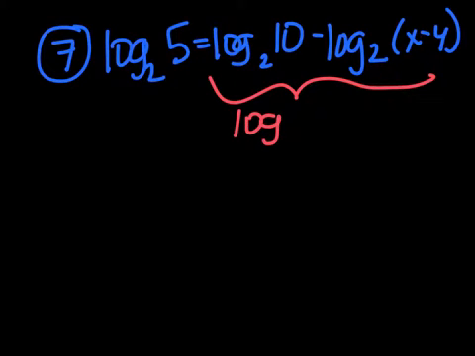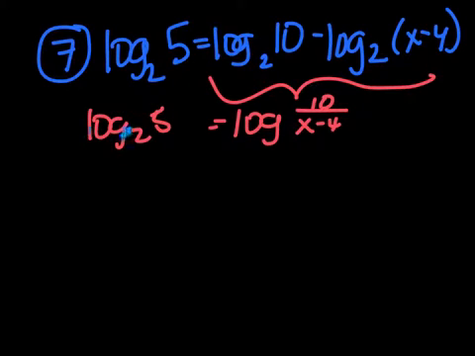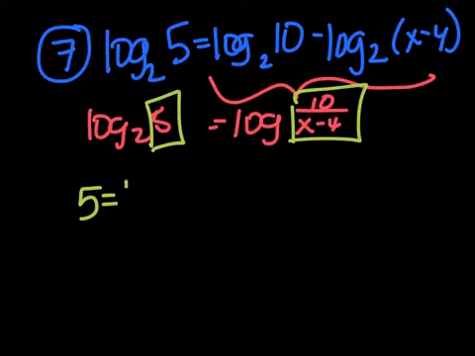Since this is subtraction, I'm going to divide the 2. That's 10 over x minus 4. I'm going to leave the left side alone. Now, once both sides have a log, I can just set their two arguments equal to each other. The logs don't matter in this case. So my 5 equals 10 over x minus 4.